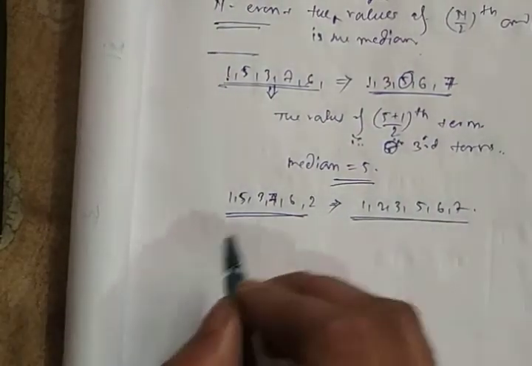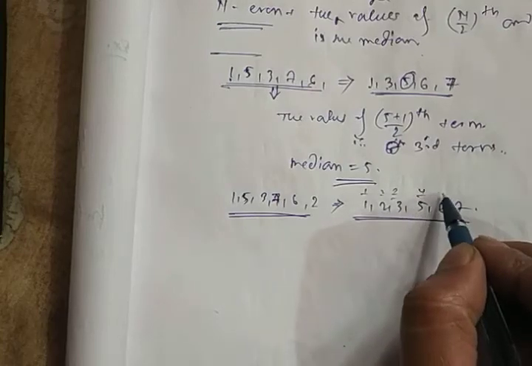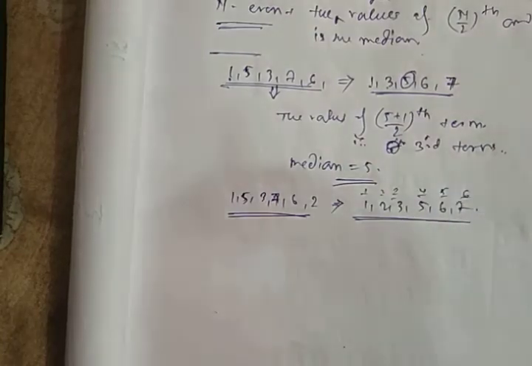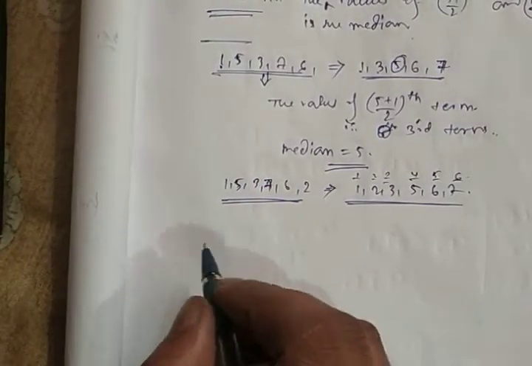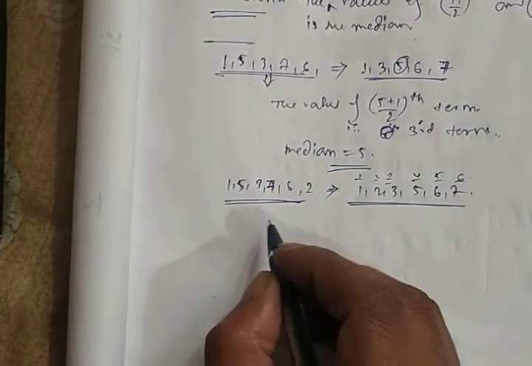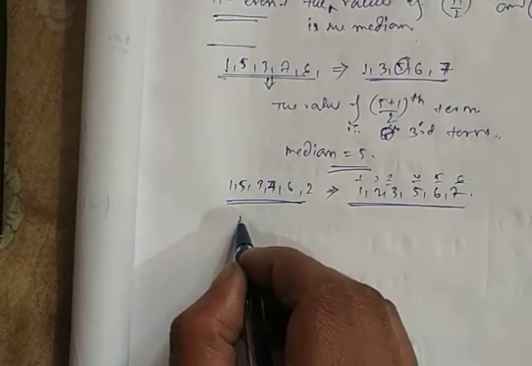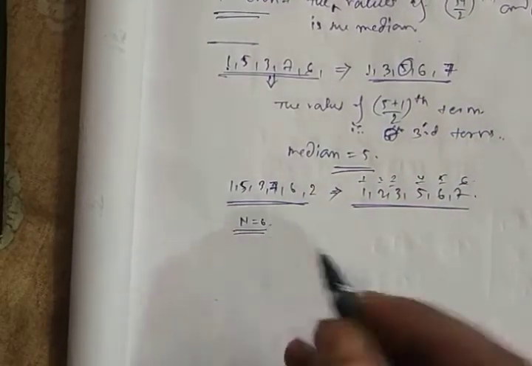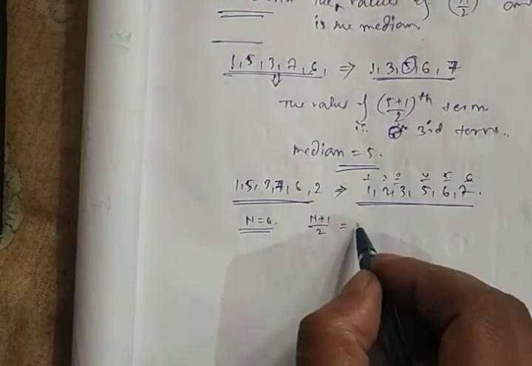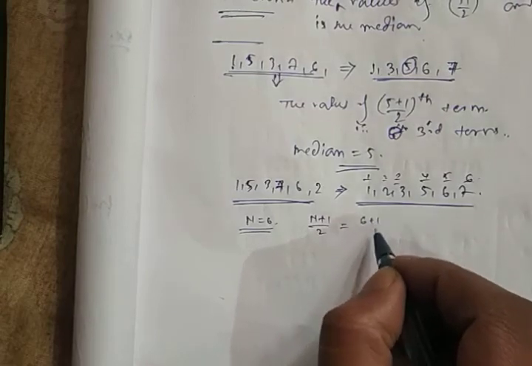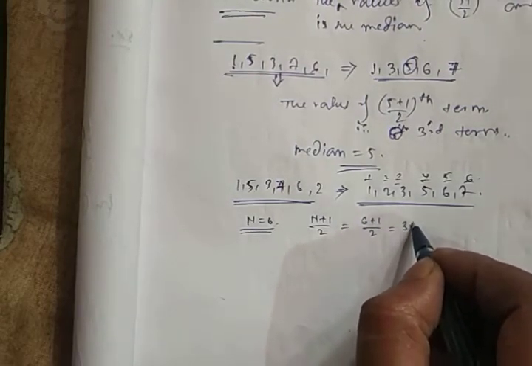This is first, second, third, fourth, fifth and sixth. The number of observations is six, so n equals 6. So (n plus 1) by 2 equals (6 plus 1) by 2, which is 3.5.